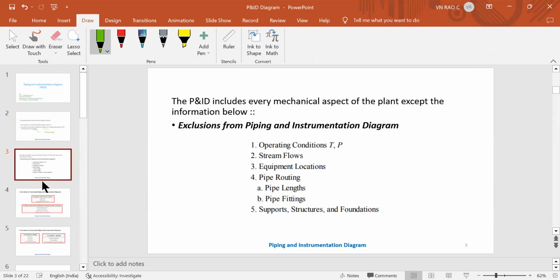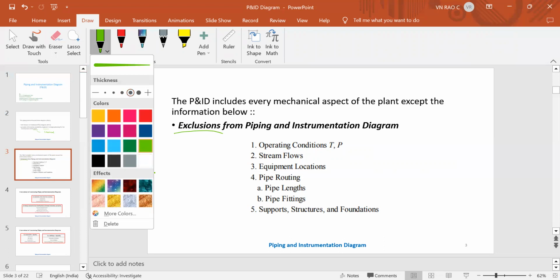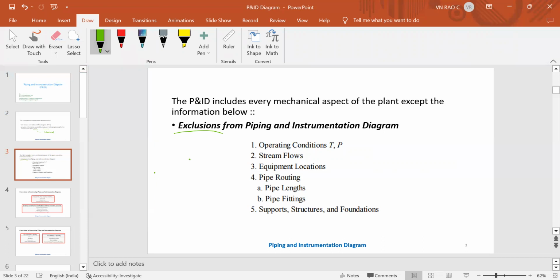P&ID includes every mechanical aspect, but there are some exclusions from the P&ID diagram, so we need to understand what those exclusions are. It does not provide information on operating conditions, that is T and P, known as temperature and pressure.